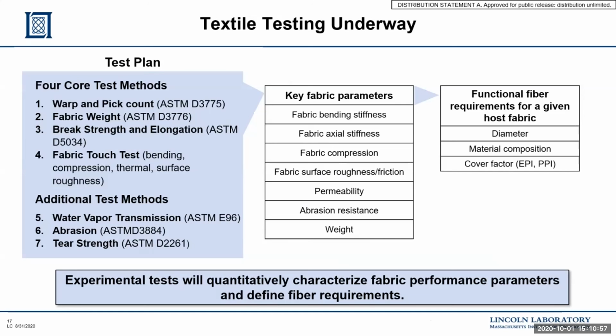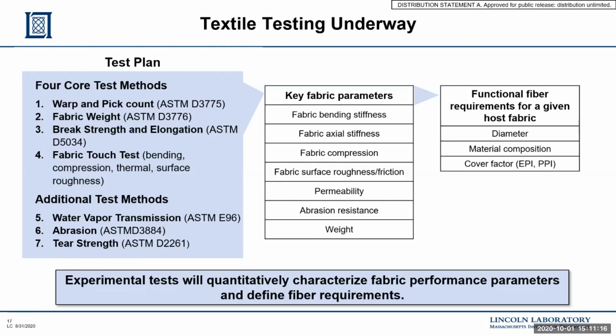Here is a summary of our testing plan. As I mentioned, our testing is still currently underway, but we chose 4 test methods to characterize all 53 samples in terms of their mechanical performance and their hand, along with 3 additional test methods that we more selectively decided to apply, depending on the sample's finish and whatnot.